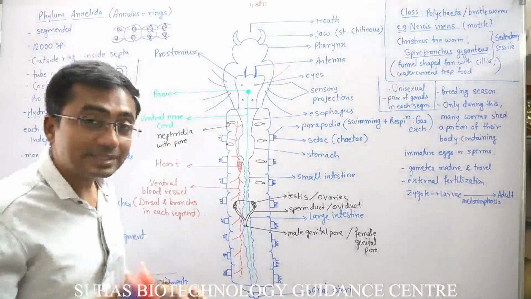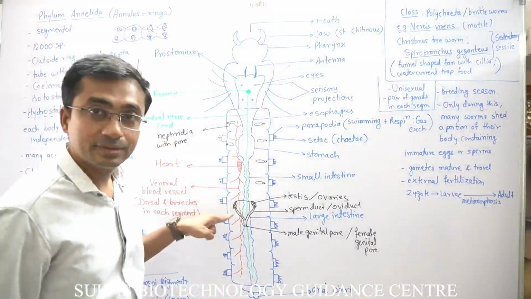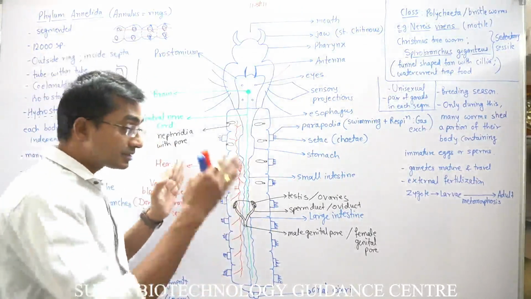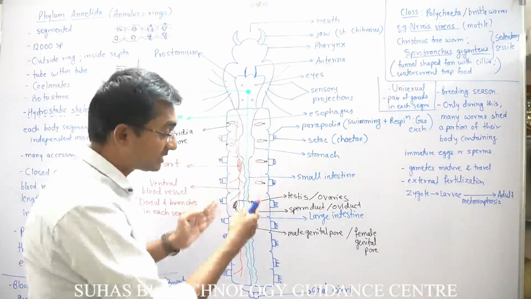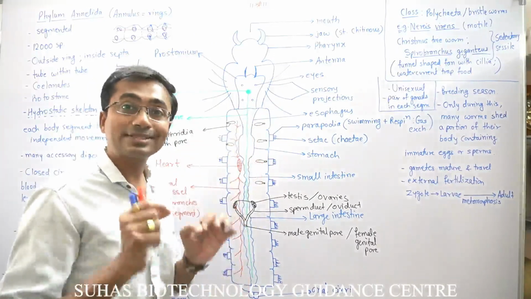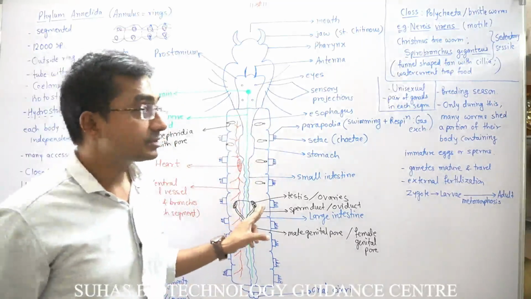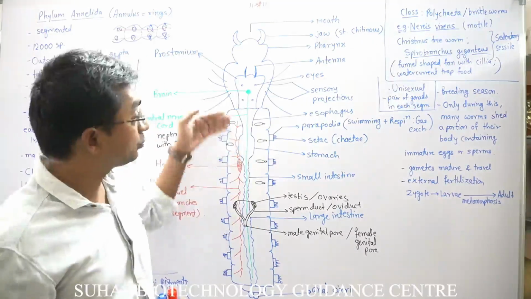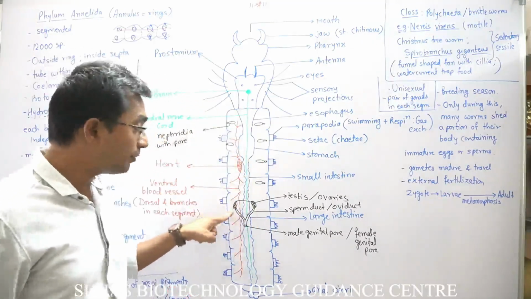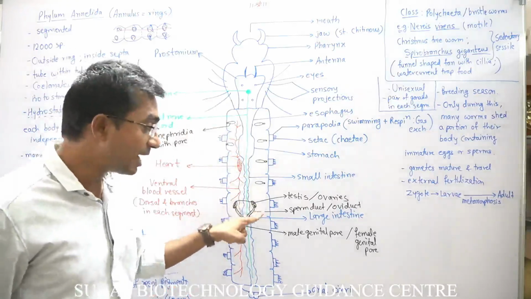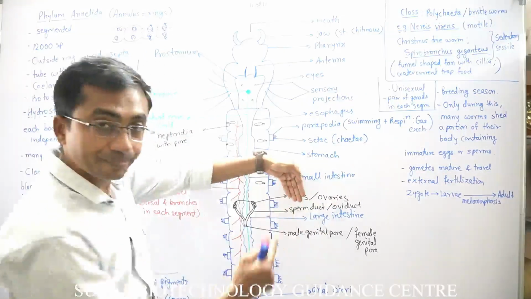Here somewhere we have shown testes, but such testes pairs might be present in some other segments also. In certain polychaete worms, a pair of such gonads is present throughout their body, but we have shown only one particular pair. If it's a male, it will be testes. In case of female, it will be ovaries.